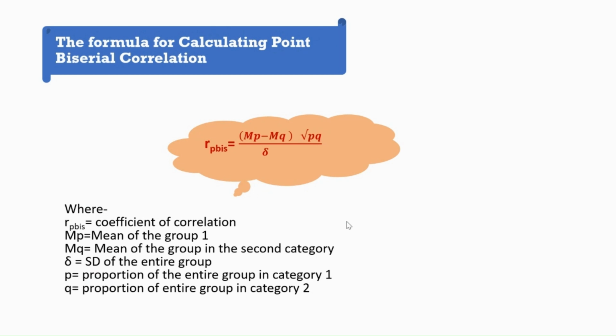Here the symbols represent: r pbis, where the subscript pbis means point biserial, is the coefficient of correlation, Mp is the mean of group 1, Mq is the mean of the group in the second category, and sigma is the standard deviation of the entire group.